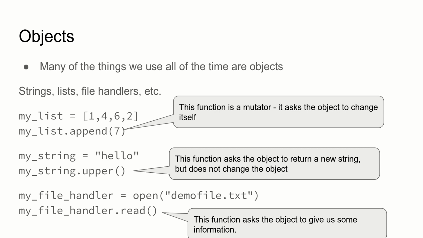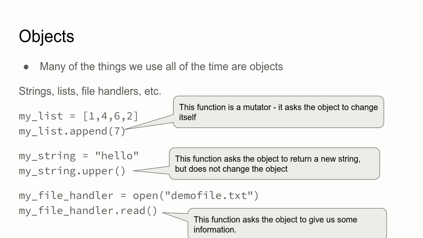It's also worth noting that read is sort of also a mutator because while it doesn't change the contents of the file, it changes where the file handler is looking. For instance, when I do read line, that changes the file handler to be looking at the next line and the next line and so on every time I say read line. So it's sort of a mix.